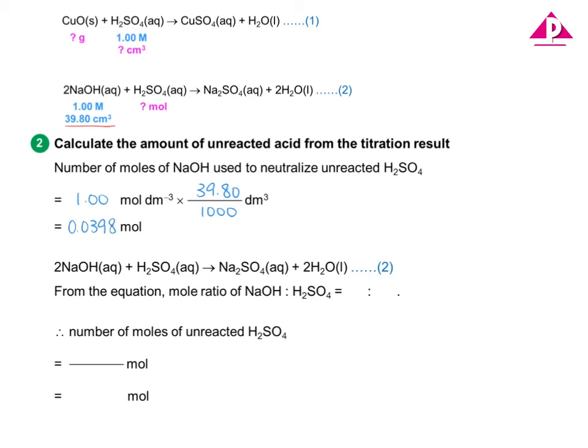From equation 2, the mole ratio of sodium hydroxide to sulfuric acid is 2 to 1. So the number of moles of unreacted sulfuric acid is 0.0398 moles over 2, which is 0.0199 moles.